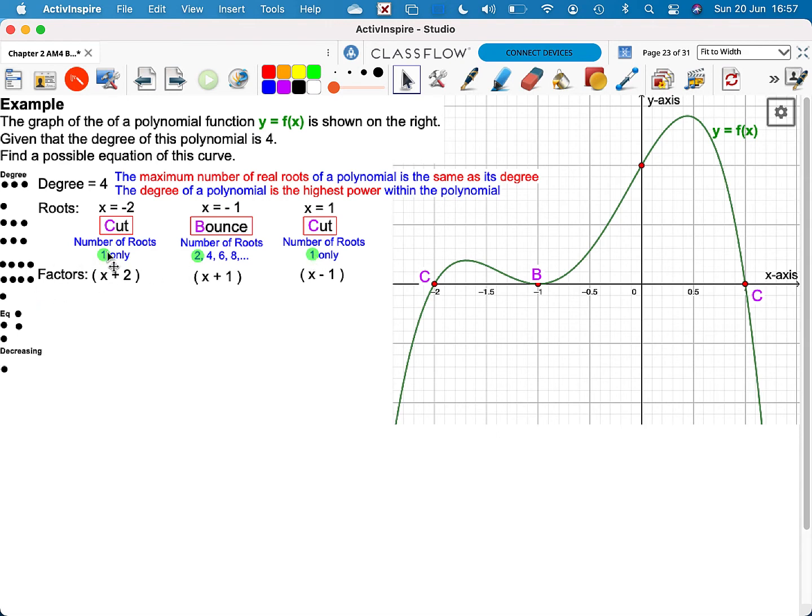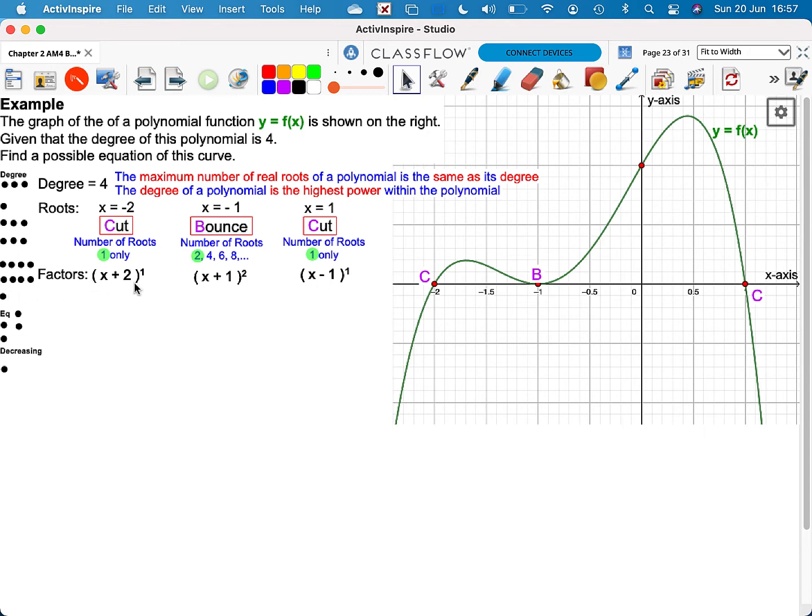Okay, remember from the previous example, these numbers now become the powers. So we've got a power of 1 and we've got a power of 2.